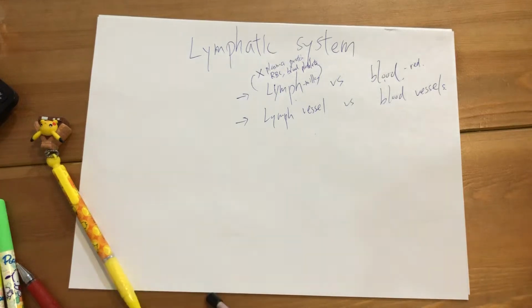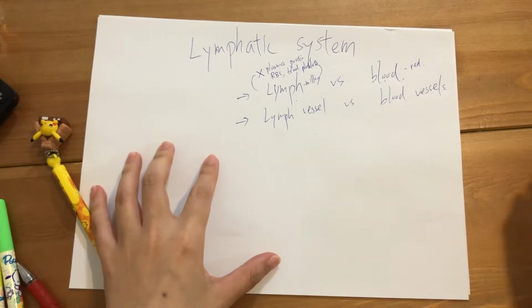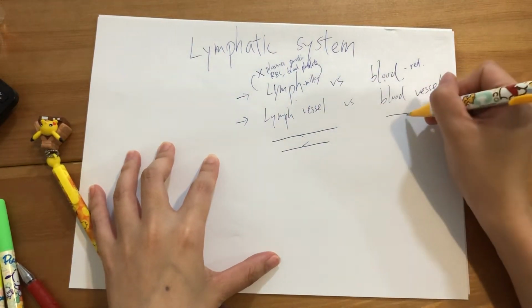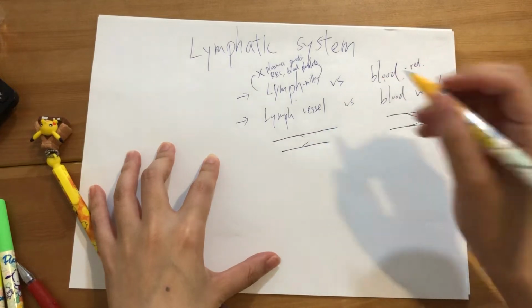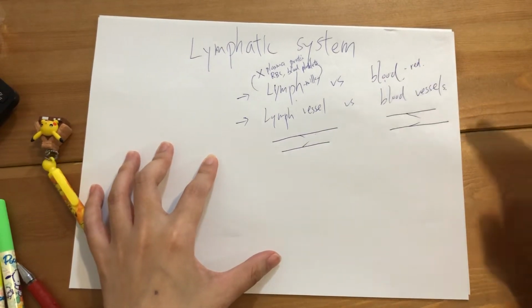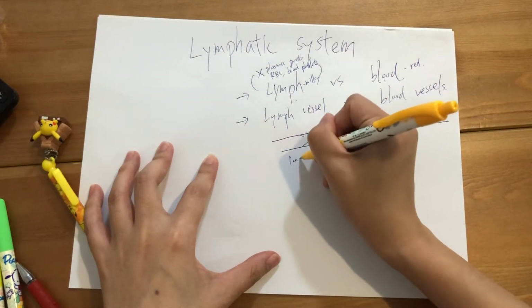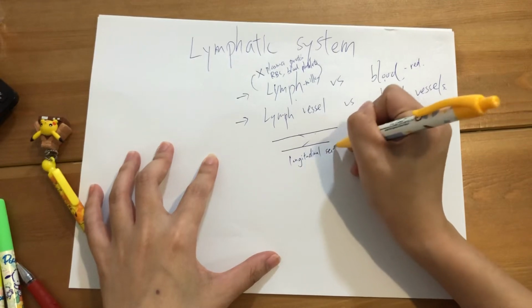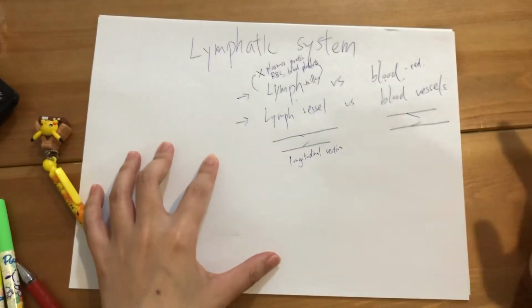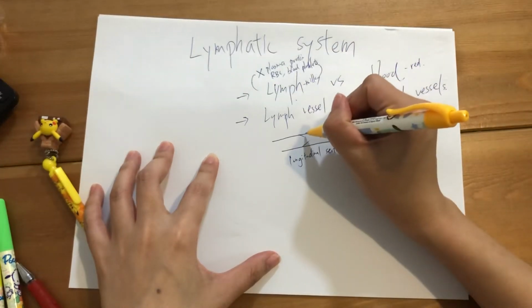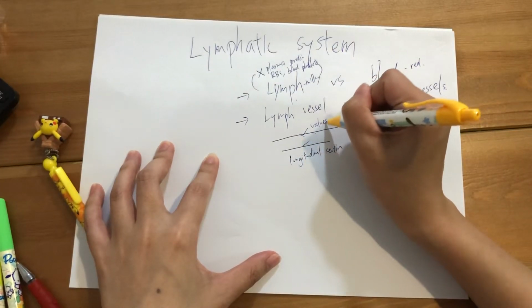Lymph vessel and blood vessel, there will be two differences. One difference is that all the lymph vessels, if we cut them longitudinally, so this is a longitudinal section, they all have valves.